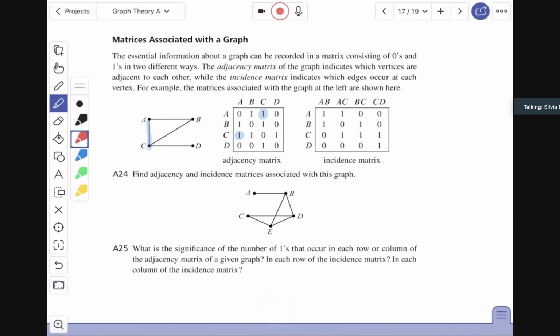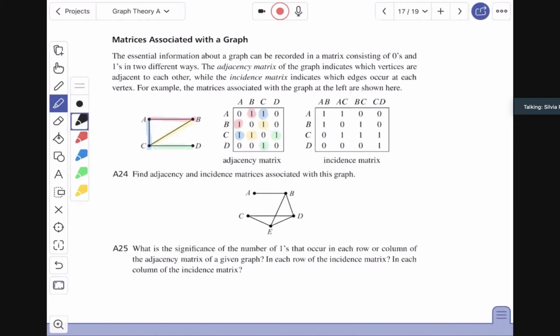And then the edge AB is this one, AB or BA in my matrix. This edge, BC, is this one, CB or BC. All the others are zeros.